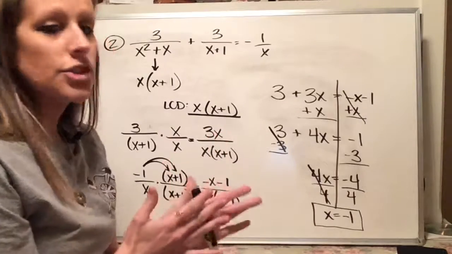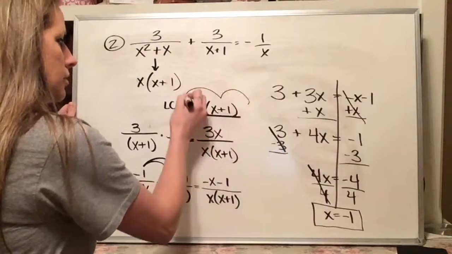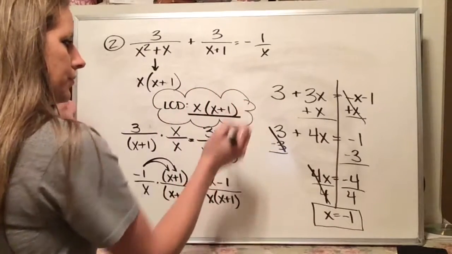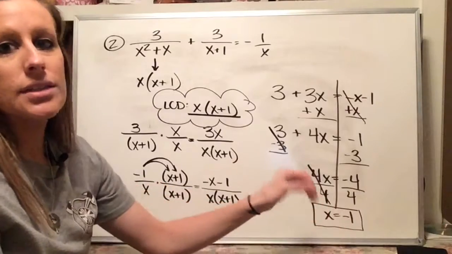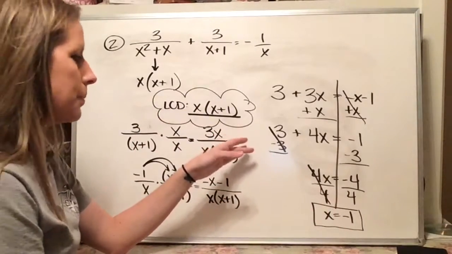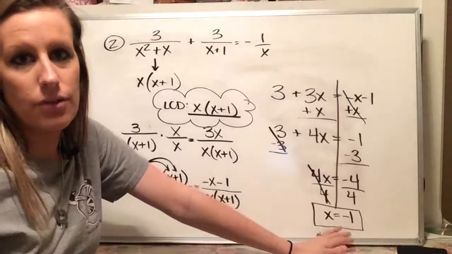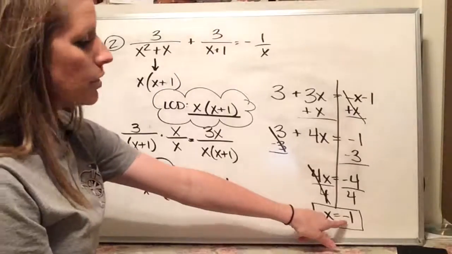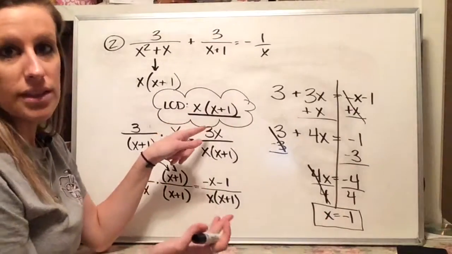Now, once you're done, you need to look back at your least common denominator and plug in your answer. If you get a 0 from any part of this least common denominator, then it cannot be a solution. You cannot divide by 0. So if I plug in -1 for x, I just get -1. That's fine.